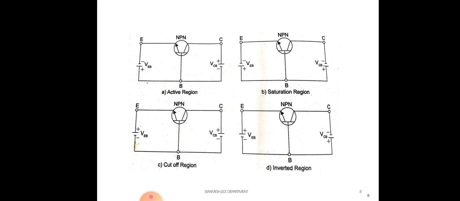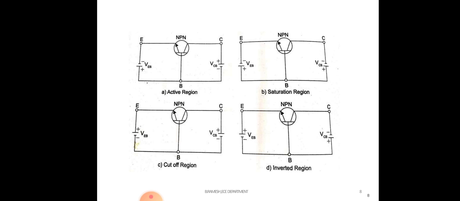By providing the bias voltage VCB, which we generally call VCC, the positive terminal is connected to the N region and the negative terminal is connected to the P region. So this junction is reverse biased. Now your transistor is operating in the active region only.